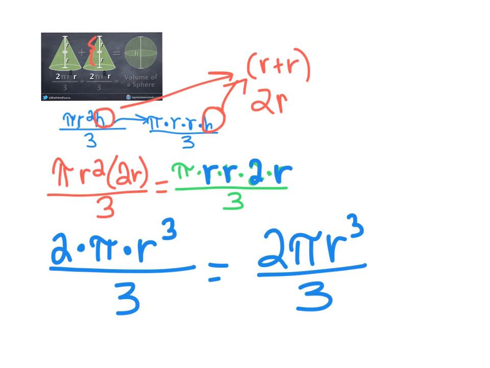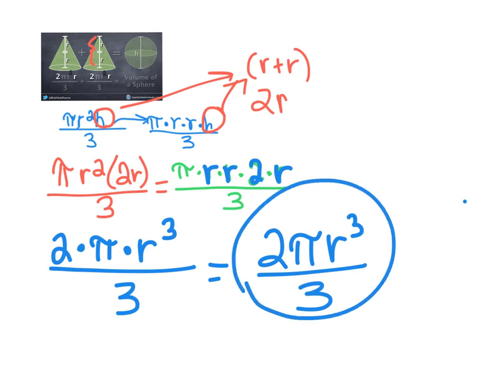And that's the same thing here for the volume of one of those cones. Crazy, isn't it? I just substituted my height with 2 radius, and it only works because 2 times the radius is the same as the height.